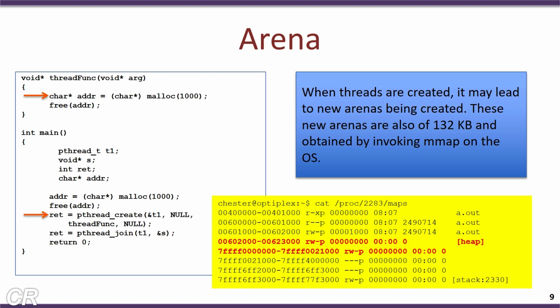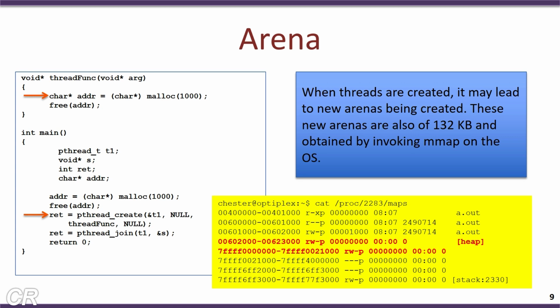So let us see what happens when we actually create a thread using the pthread_create function, which starts a thread known as thread func. So the thread func starts to execute from this particular function. Now when we invoke malloc in the thread function, ptmalloc would determine that the malloc request is the first malloc request from the new thread, and therefore it would request the operating system for another chunk of memory.